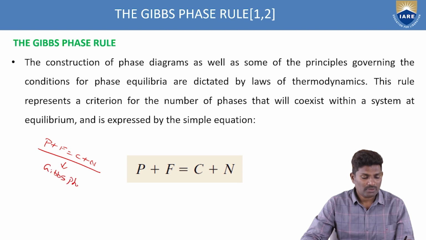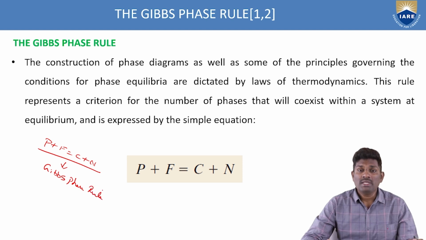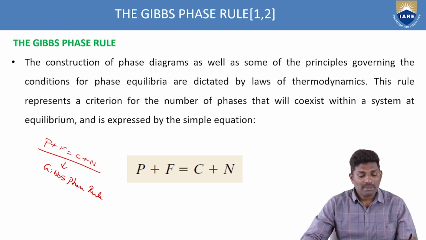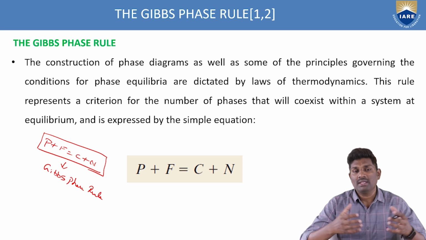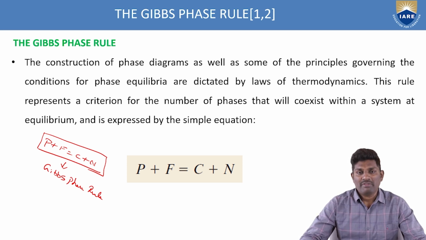This Gibbs phase rule is helpful in the construction of binary phase diagrams, and it gives the relation between the phases, the number of components we have, and the number of externally controlled variables. All these come together to give the Gibbs phase rule in order to construct the phase diagrams.